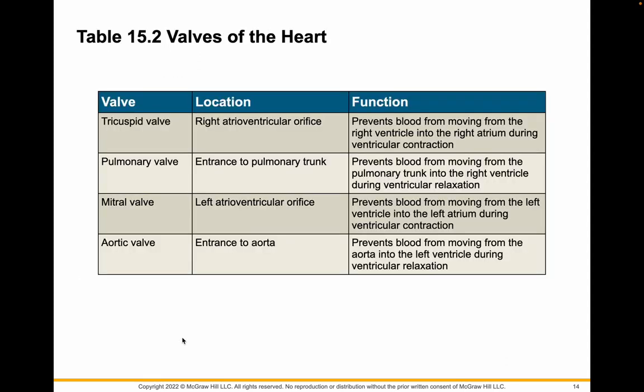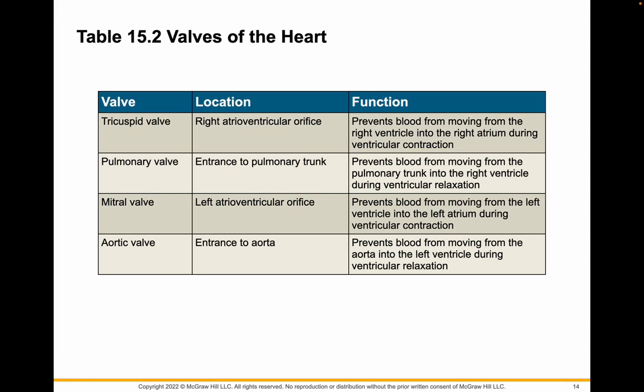And so here are some valves of the heart, and you want to know these and where they're located. There are 4 valves of the heart that you need to know. The tricuspid valve is also called the right atrioventricular valve because it is between the atrium and the ventricle on the right side.